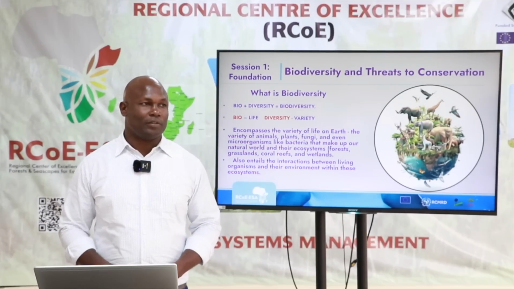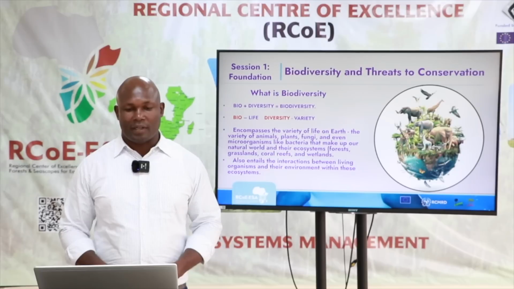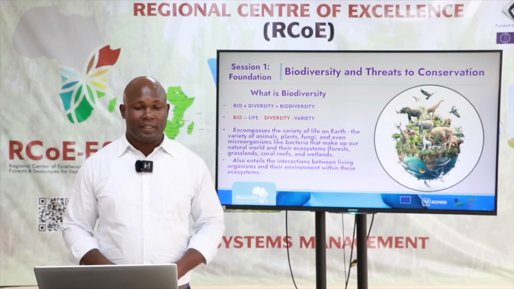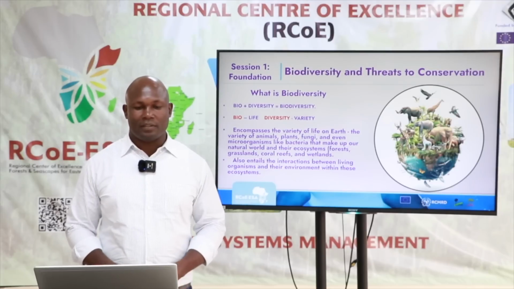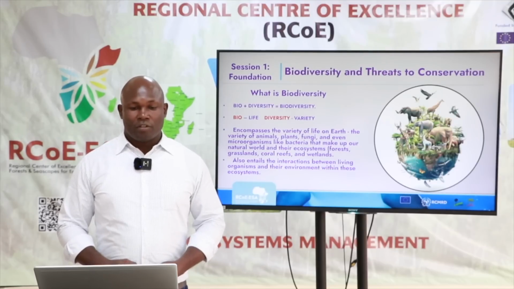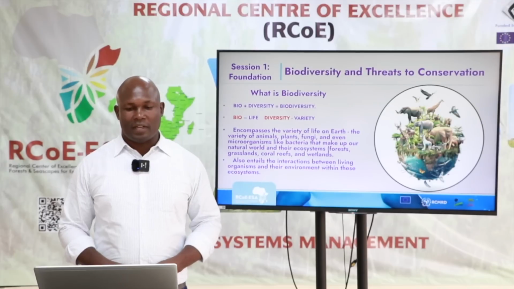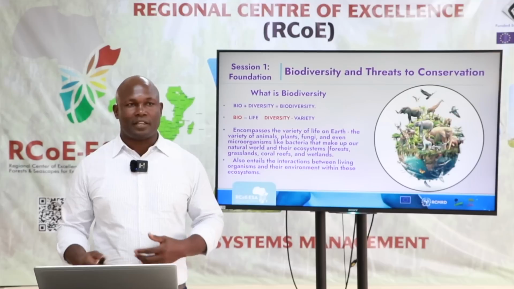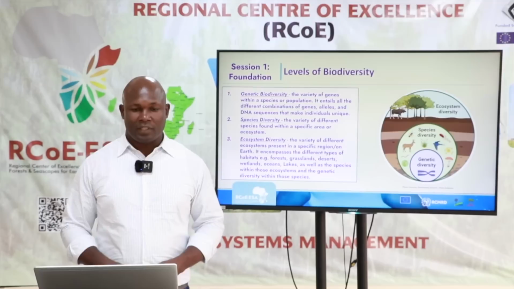We are talking about animals, plants, different fungi, and other microorganisms that exist within different ecosystems, such as forests, grasslands, coral reefs, wetlands, among others. So biodiversity is about life, and also about the interaction between different life forms within these ecosystems.